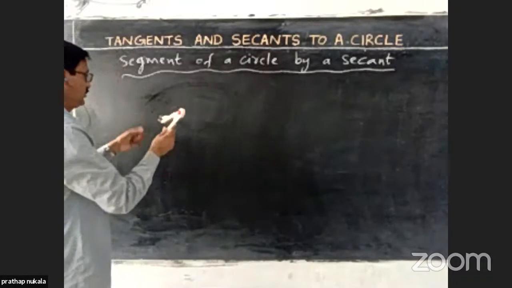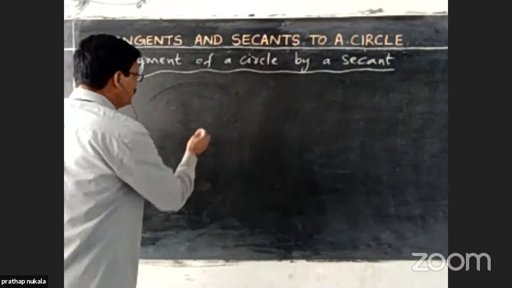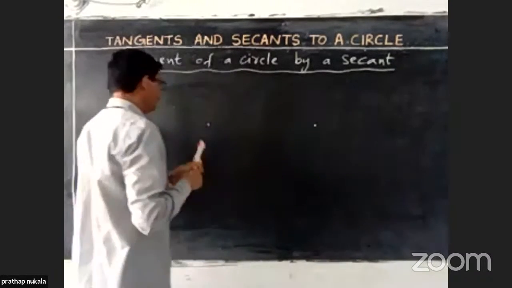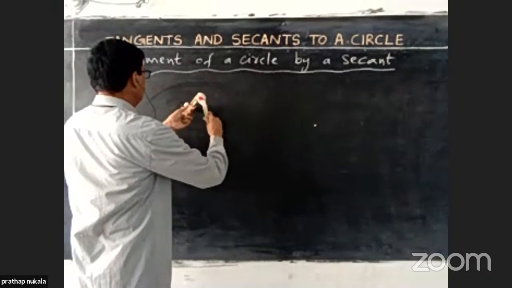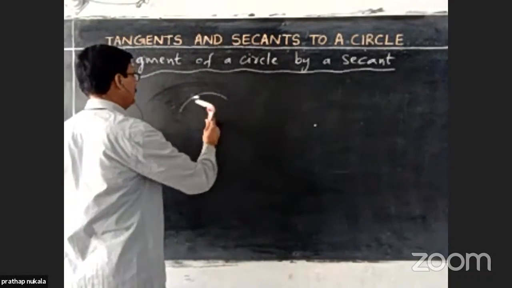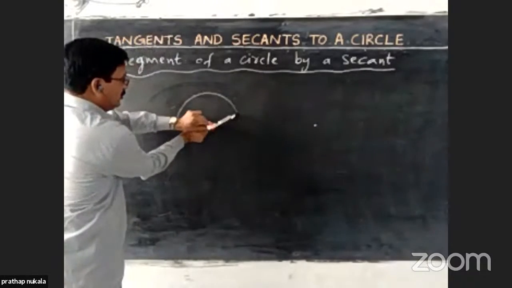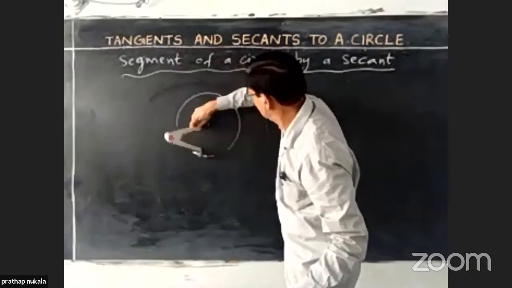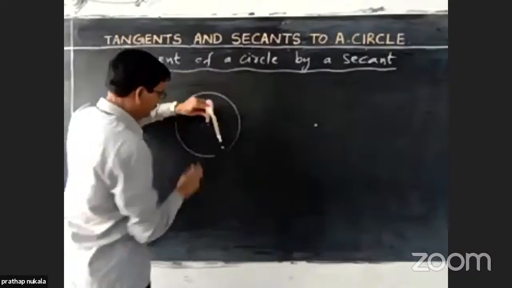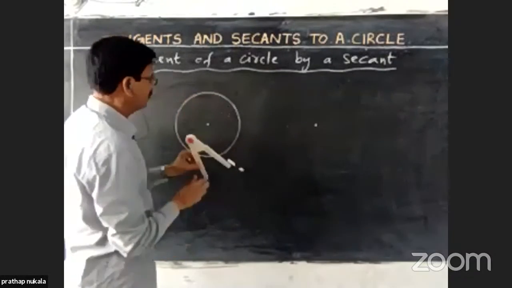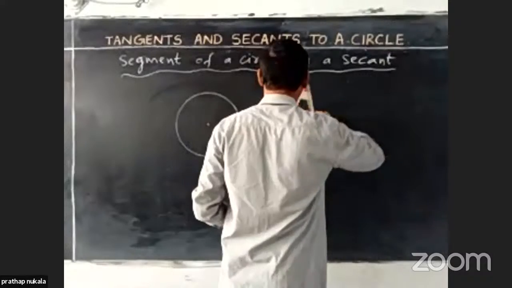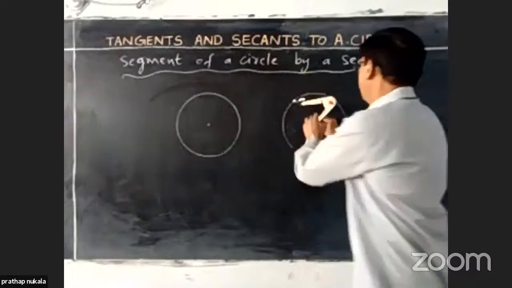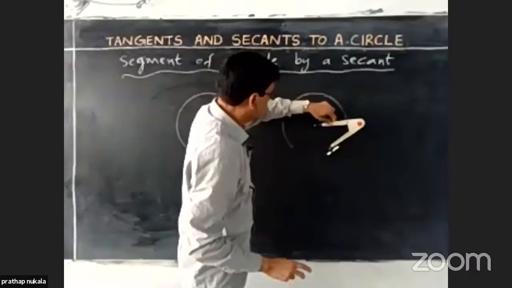I am drawing a circle and also another circle. Same radius or different radius, no problem, whatever the radius.